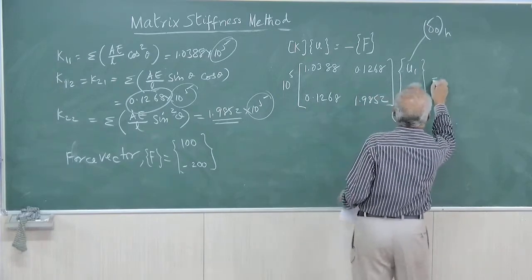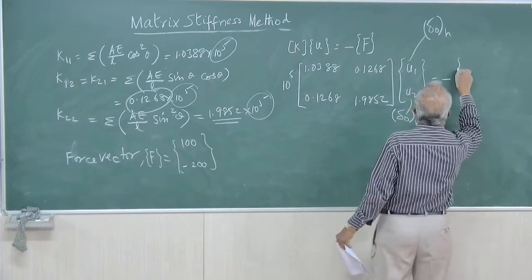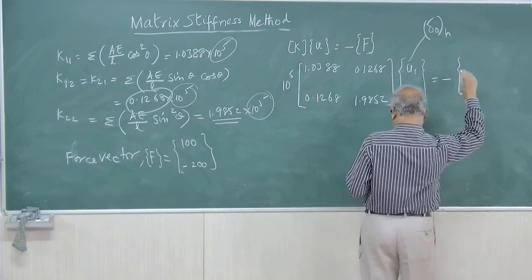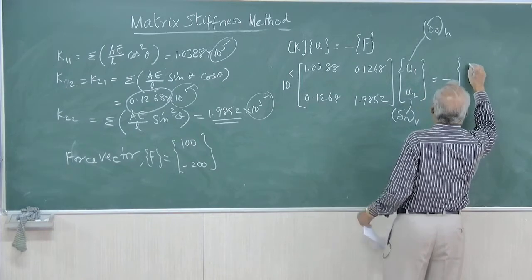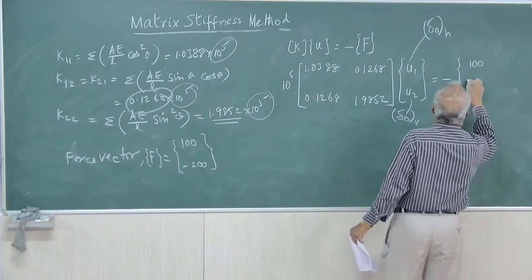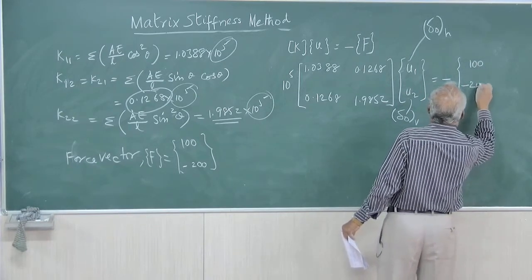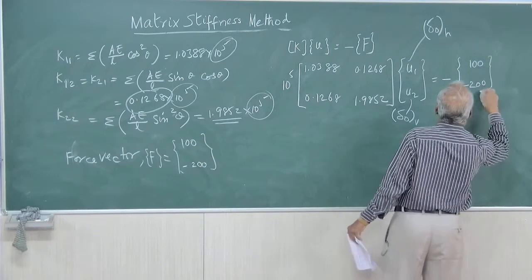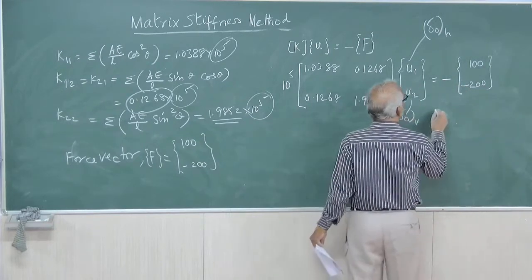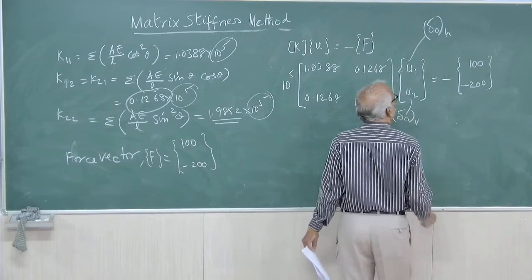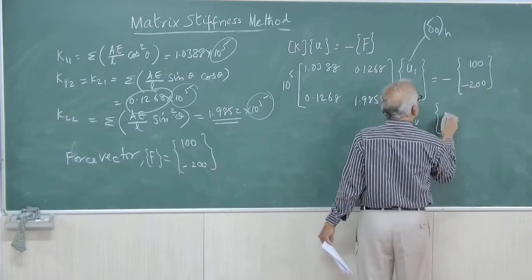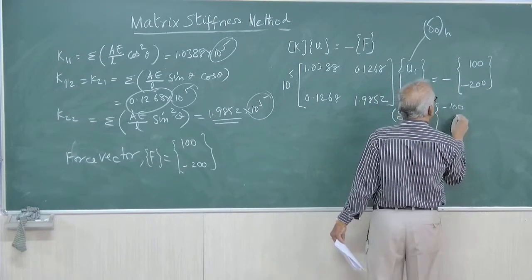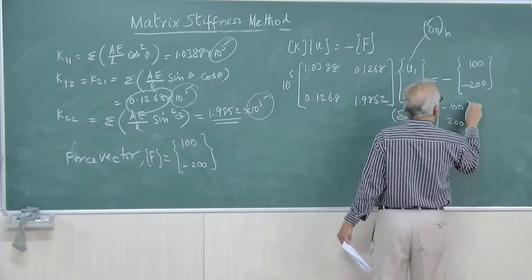Equal to minus of 100 and minus 200. So the right hand side will become minus 100 and this will become plus 200.